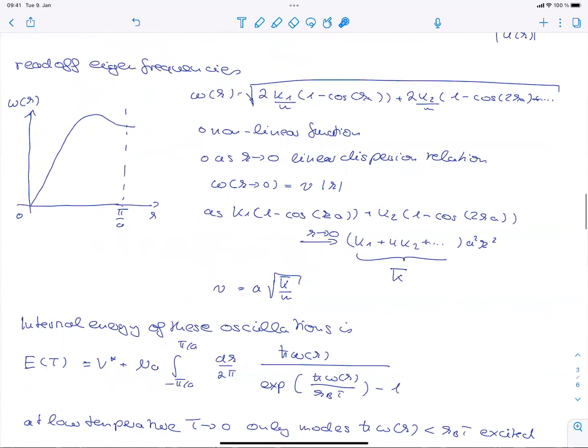I could have daydreamed that I know the mass of my particles and the lattice spacing, so can I calculate the velocity? Do I really know the spring constants? We typically don't. For lots of materials, it's going to be very hard to make a statement about what these Ks are.